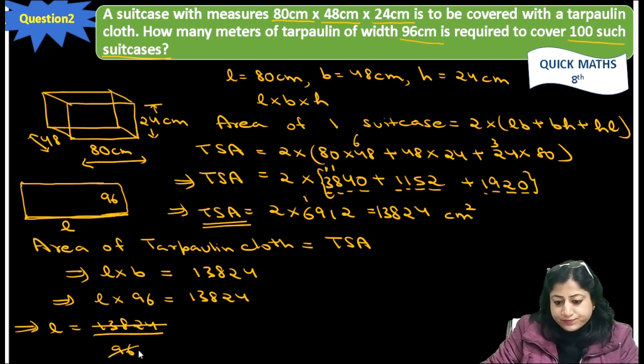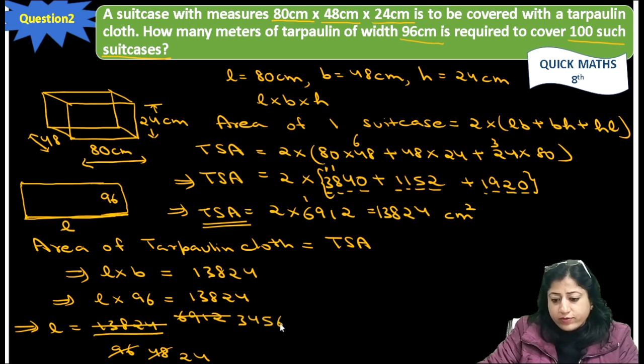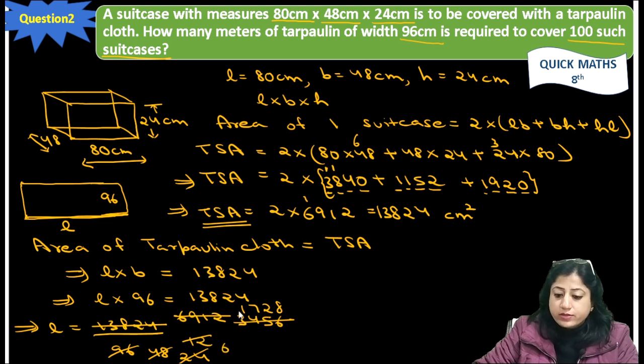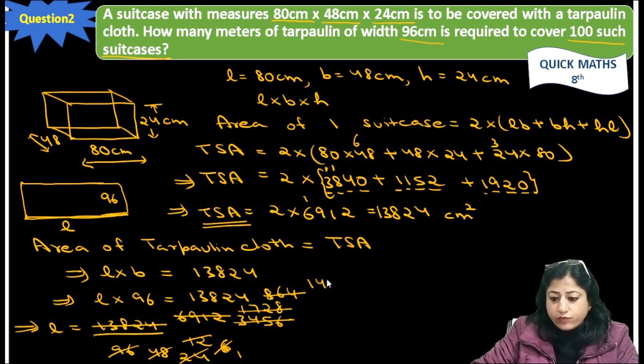Cancel out with the 2. 2 4 the 8 and 16, 2 8 the 2, 2 6 the 12, 2 9 the 18, and so on, again we can cancel it. 6 we can cancel with 6. 6 1 the 6, 6 4 the 24, again 4 the.